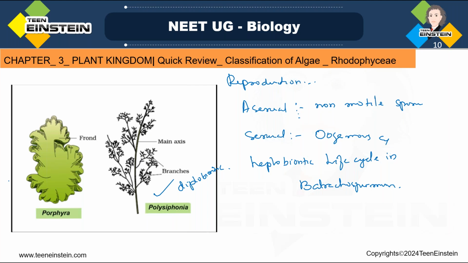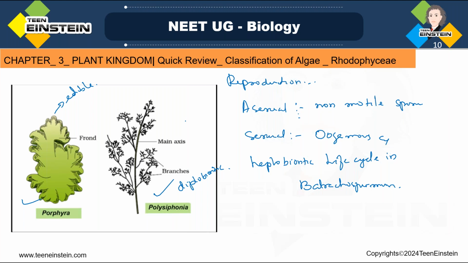Porphyra is edible algae, which is used as food. Then Gelidium and Gracilaria: agar-agar, which is a hydrocolloid or phycocolloid, is obtained from these red algae.